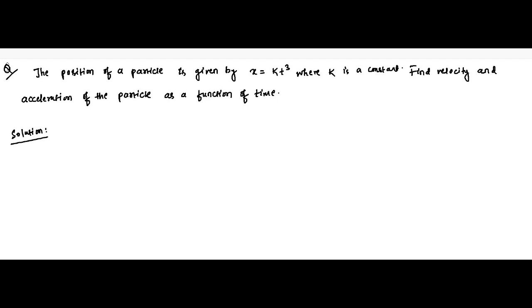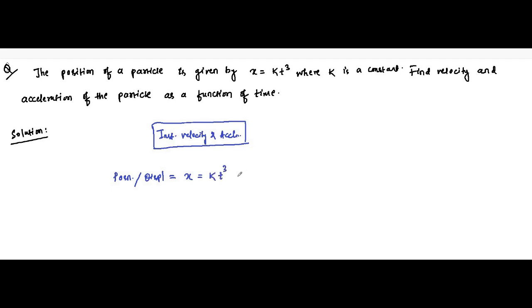Okay, so again it is based on the concept of instantaneous velocity and acceleration. So here the position, the displacement, is given by the expression x is equal to kt cube, where k is a constant.